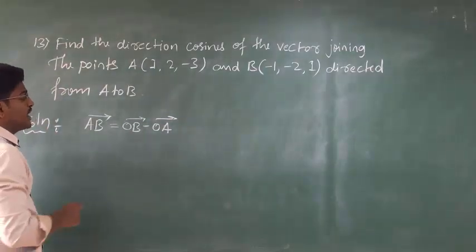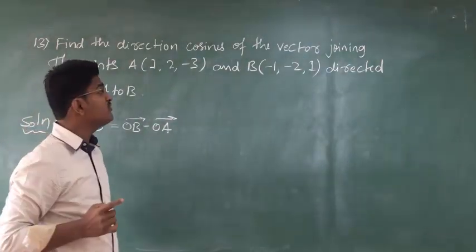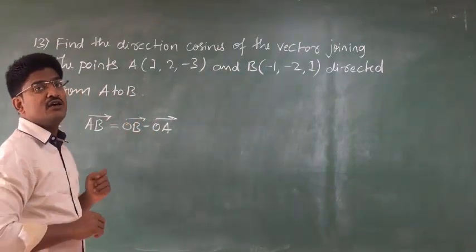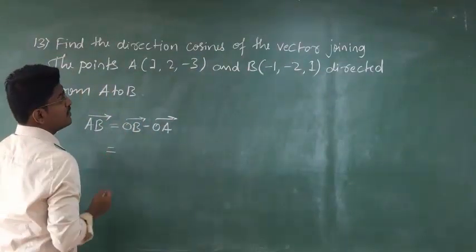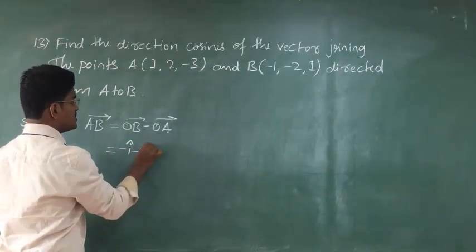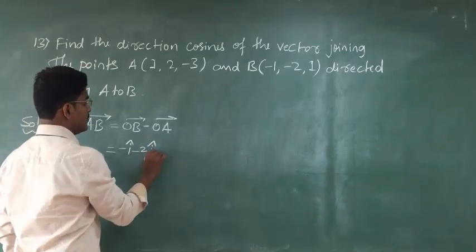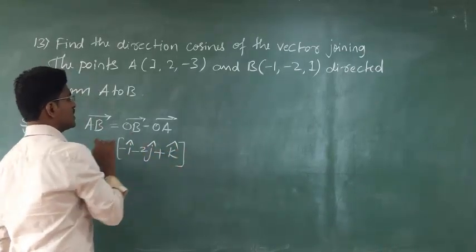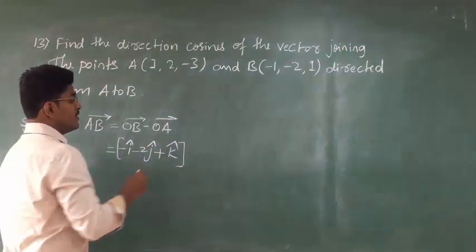Clear? So vector OB means position vector of the second point. So use the second point and write position vector. What is that? Minus i cap minus 2j cap plus k cap. So this is the position vector of point B.